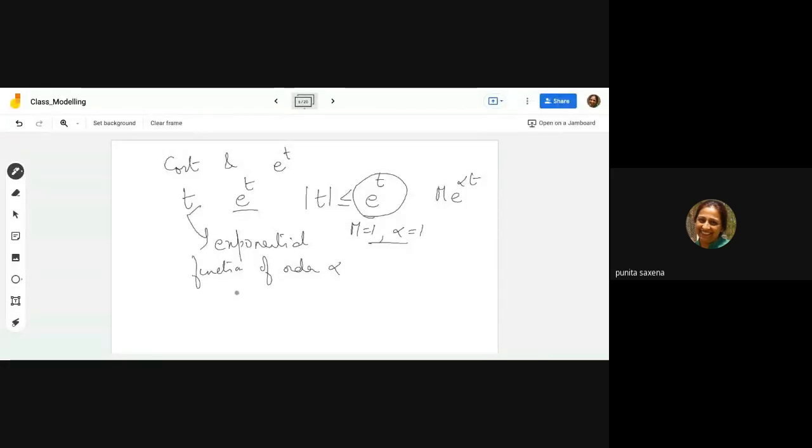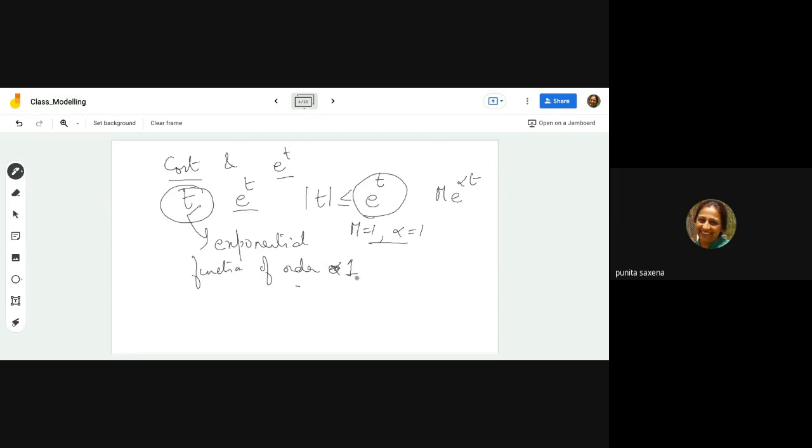Is it okay? Similarly, cos t and e to the power t, right?